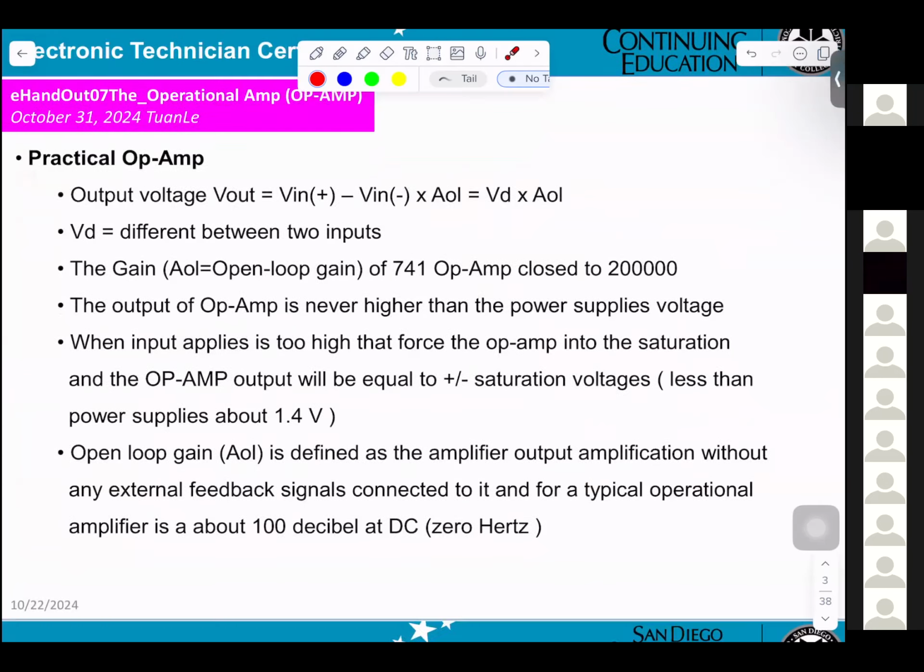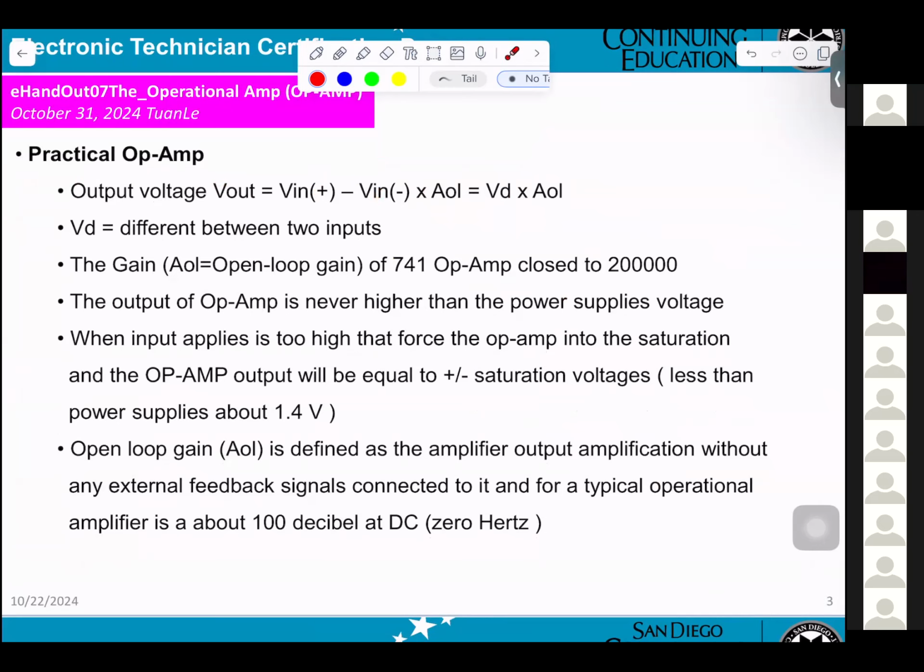Now see what they say here. Practical op amp. Output voltage Vout equals V in positive minus V in negative, multiplied by A, which means the open loop gain. Okay. VD is the difference between the two inputs, and AOL is the open loop gain of the 741 op amp.